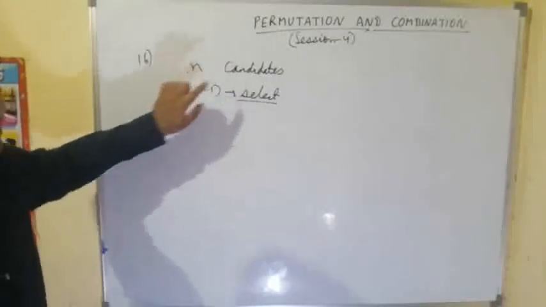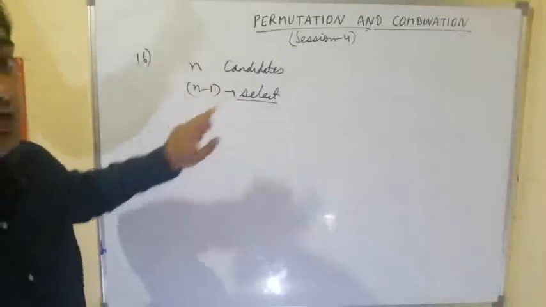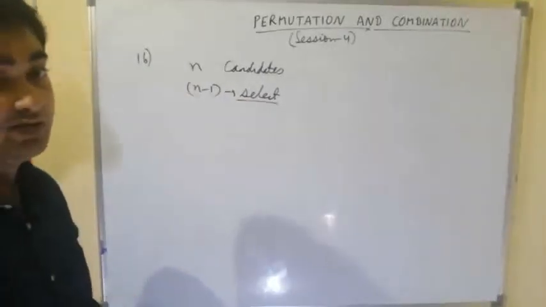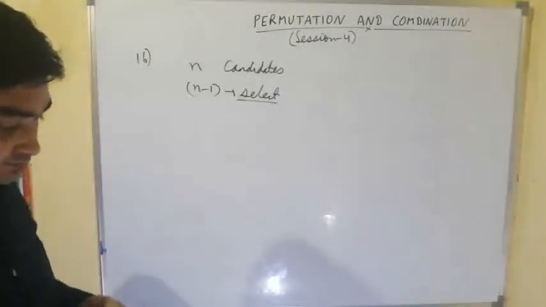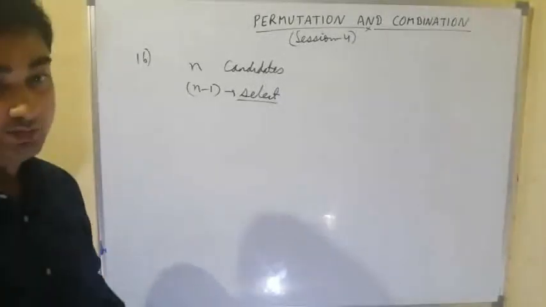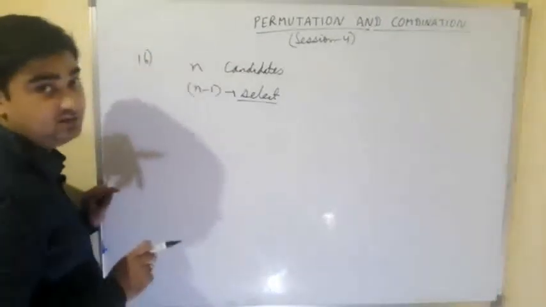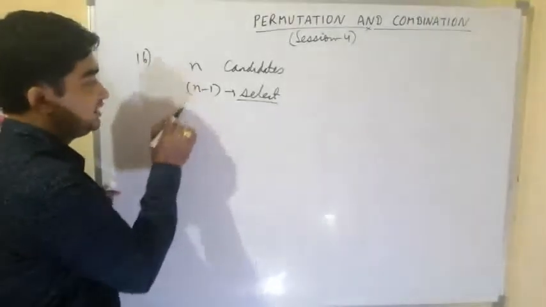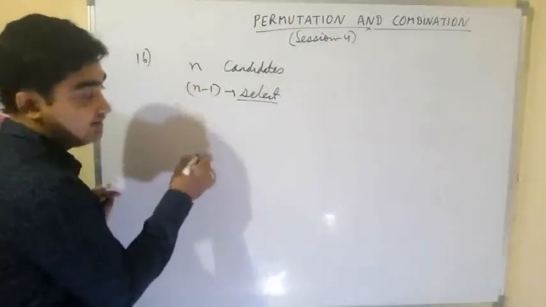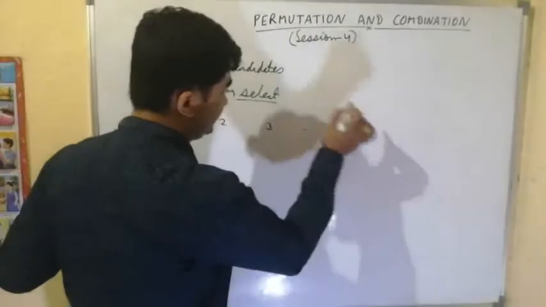In this particular election, there are n candidates and we have to select n minus 1 candidates. That means each individual can give n minus 1 votes. Now, when I am going to vote, there are n candidates: candidate number 1, candidate number 2, candidate number 3, up to the nth candidate.